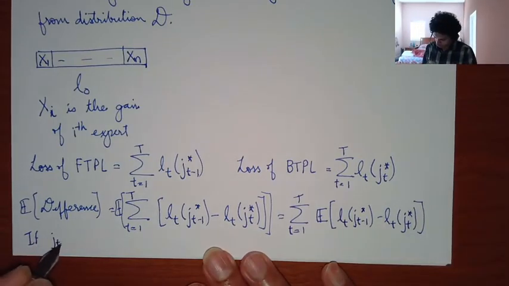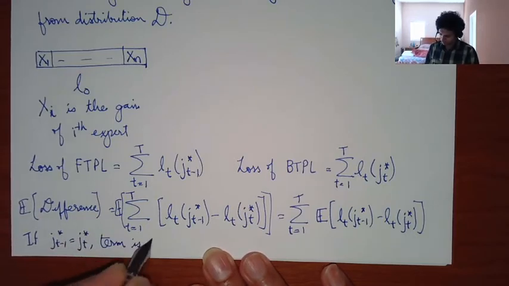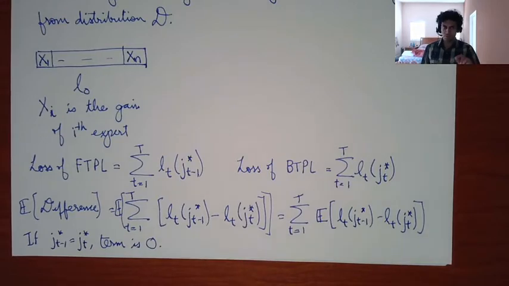If J_{T-1} star is equal to JT star, then the term is 0. So if the expert did not change, then this is going to be 0. All the losses are at most 0, 1. They're within 0, 1.